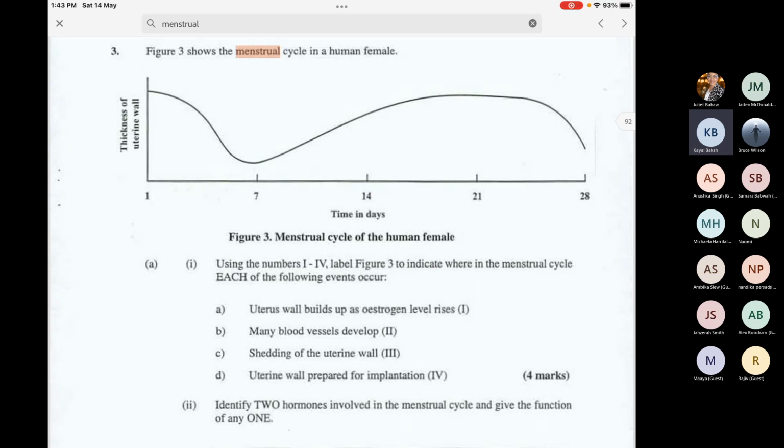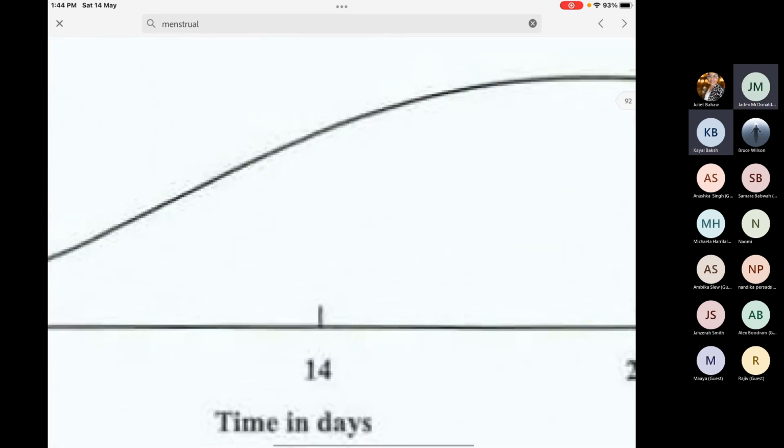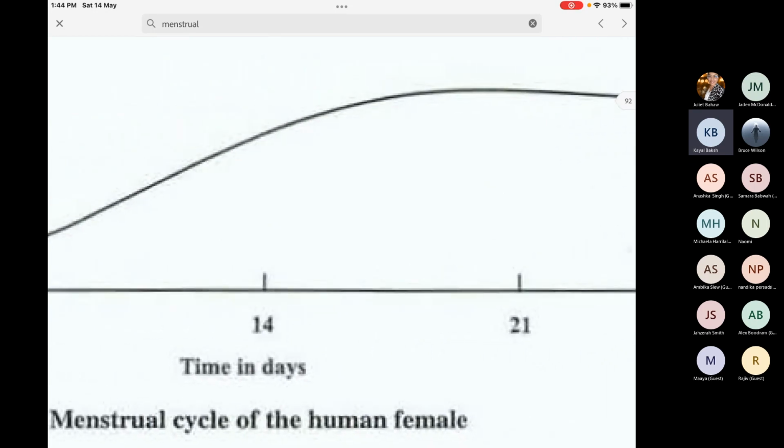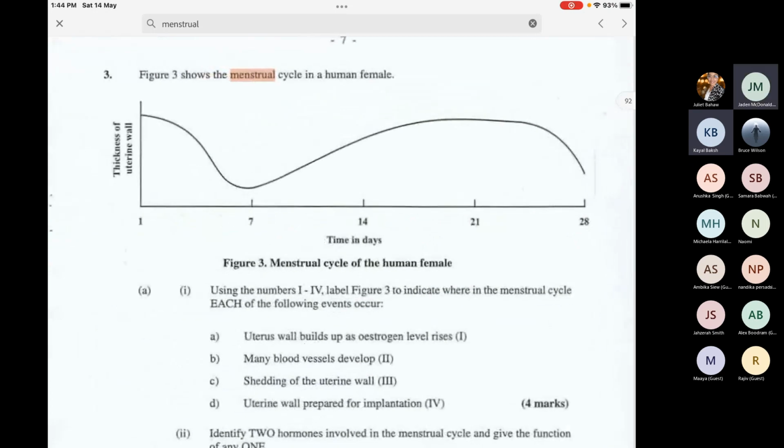All right. Next, many blood vessels develop. What day? I say about the 14. Well, when you look at the thickness here, compared to over here at 21, the line is still low. You have to look at where is the highest point in that line. How about 21? So approximately 21.